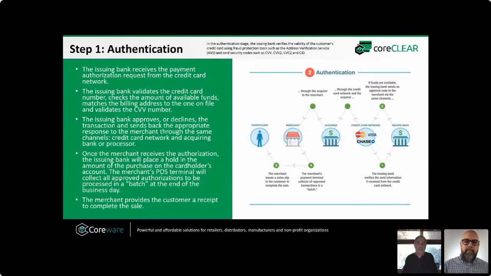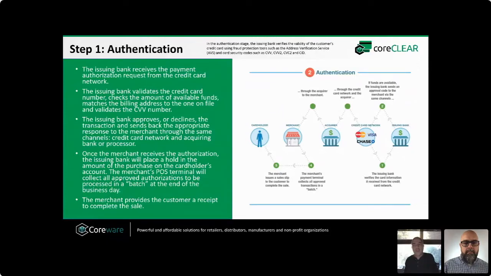The next step is really the authentication. So the authorization is I'm going back to that card holder's bank, the issuing bank, and saying, hey, I need an authorization. At that point, the issuing bank is going to literally check that card, check that account. If necessary, it checks the address.